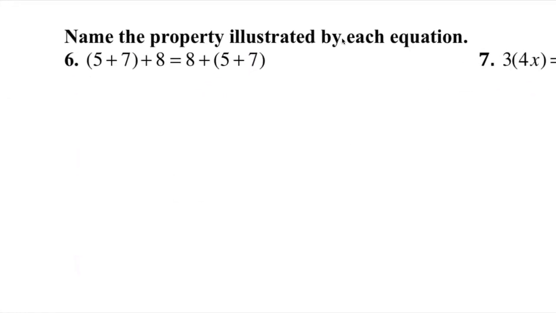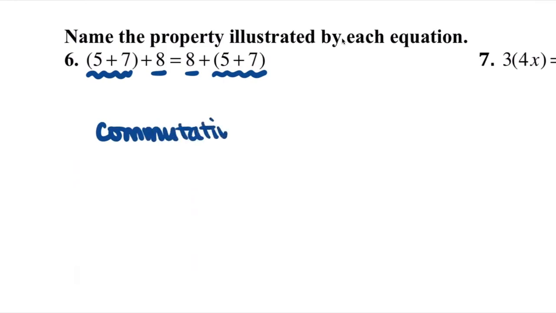Okay, name the property illustrated by each equation. All right, so here what I see is 5 plus 7, in parentheses, plus 8, became 8 plus 5 plus 7. So what I see is that this and this have switched places. So looking at that, I'm going to say commutative.